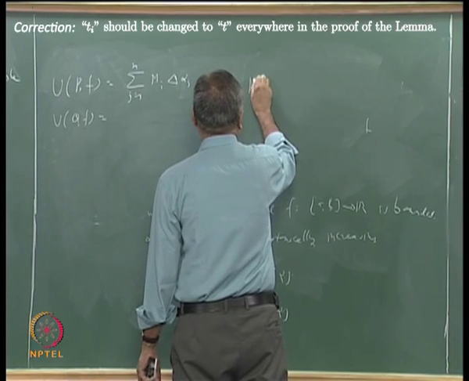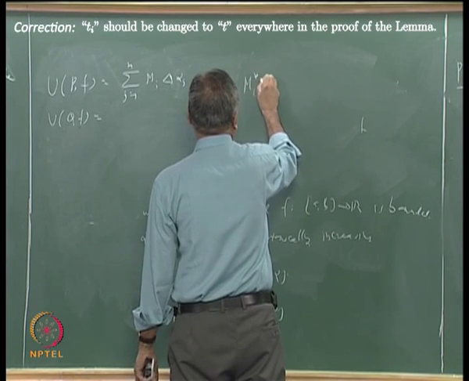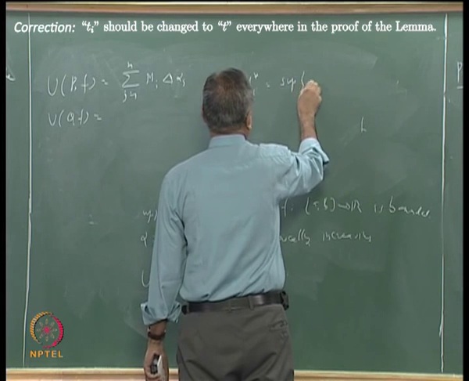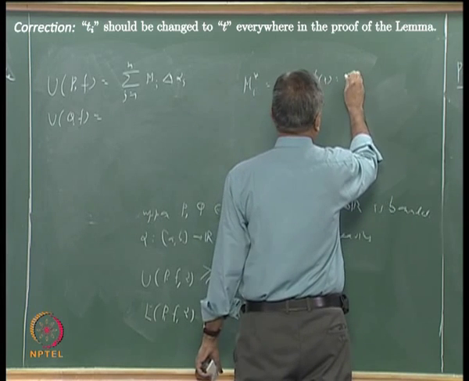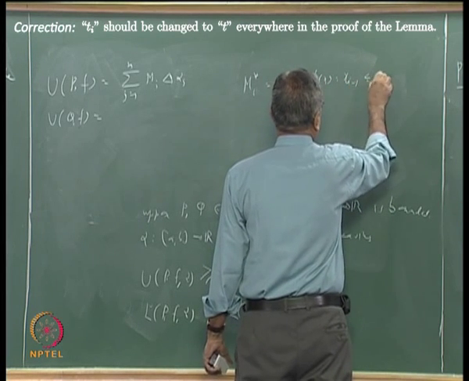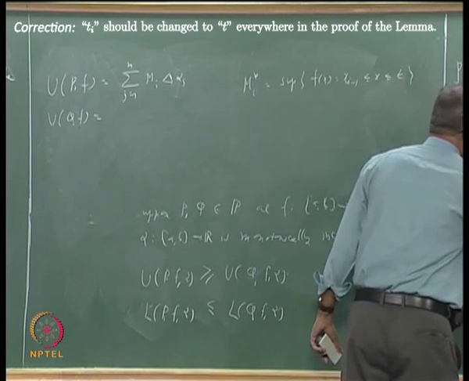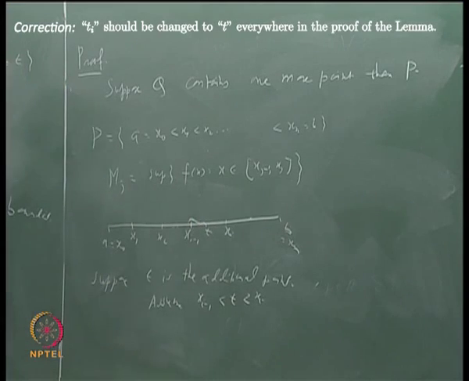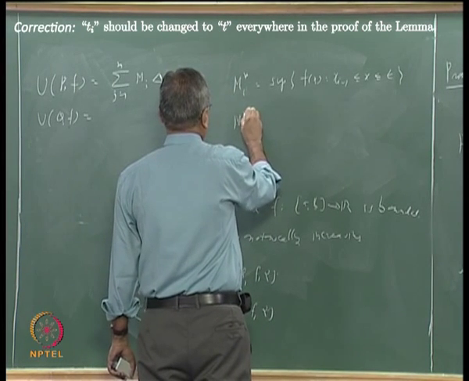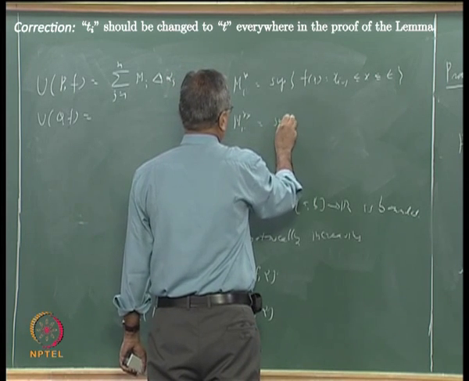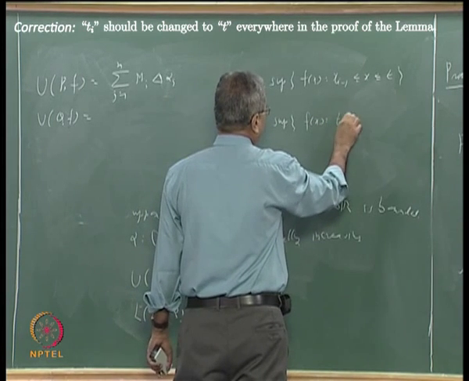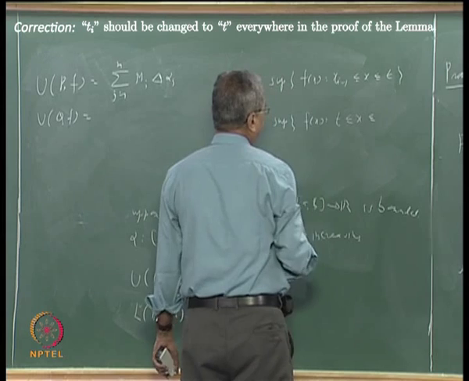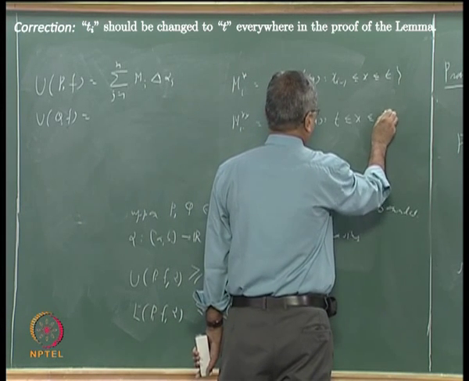Let M_i* be the supremum of f(x) for x_{i-1} ≤ x ≤ T. That is the supremum over this interval. And let M_i** be the supremum of f(x), this time for T ≤ x ≤ x_i.